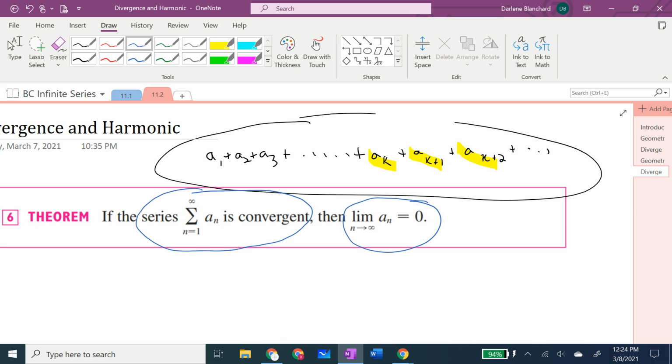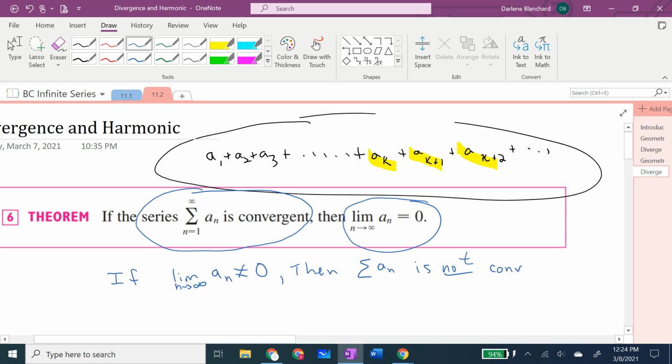The contrapositive swaps the if-then but nots them. So the contrapositive is: if the limit as n approaches infinity of the formula creating the terms is not 0, then the infinite sum is not convergent. Does that sound like it is restating this theorem?